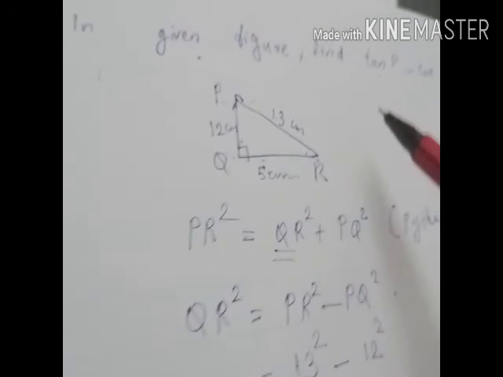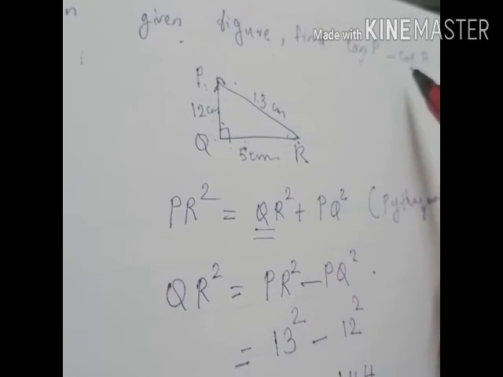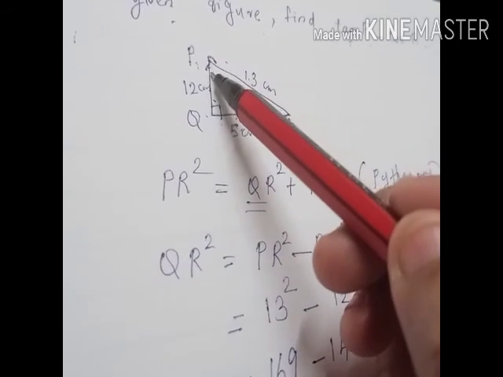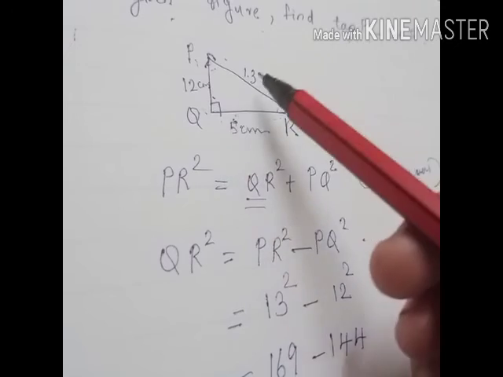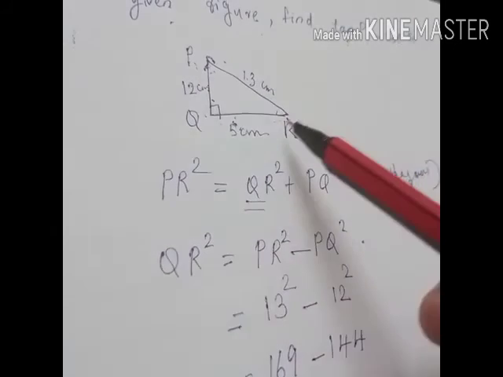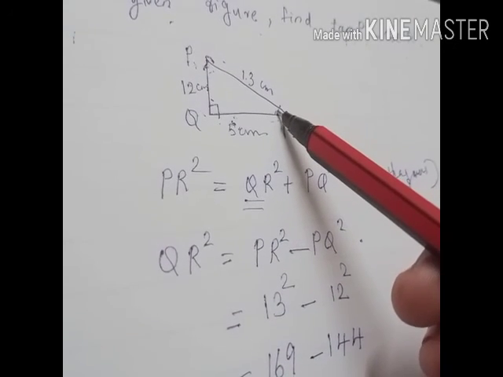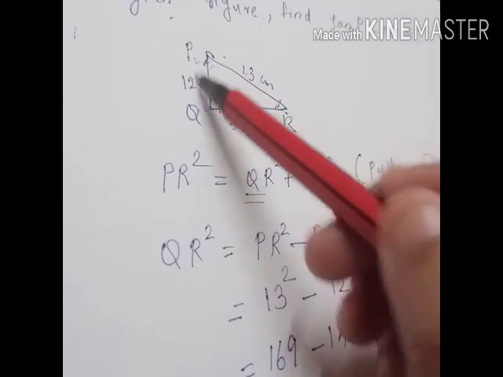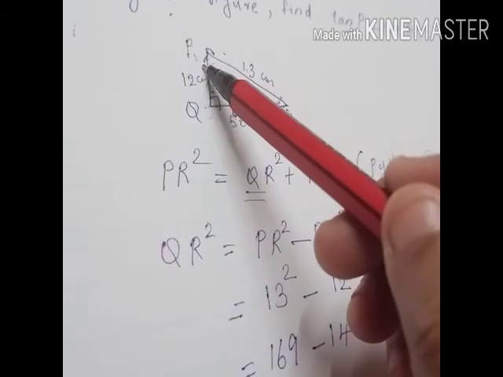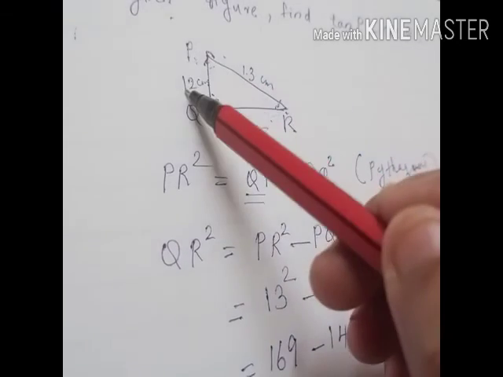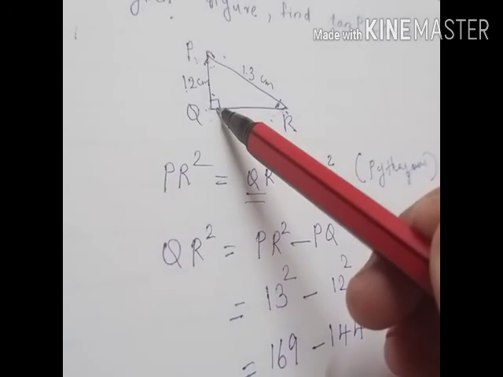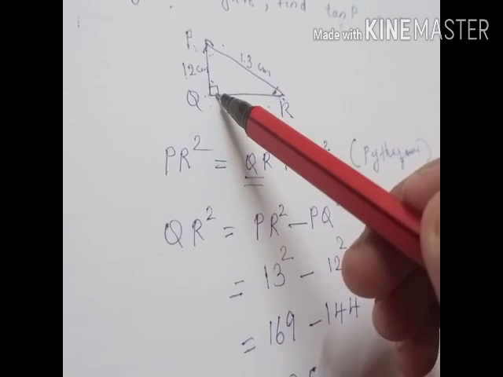Okay. Then we have to find tan P and cot R. So tan P means opposite by adjacent. Then cot R means what? Adjacent by opposite. Clear? Tan P is opposite by adjacent. Cot R means adjacent by opposite. Clear?